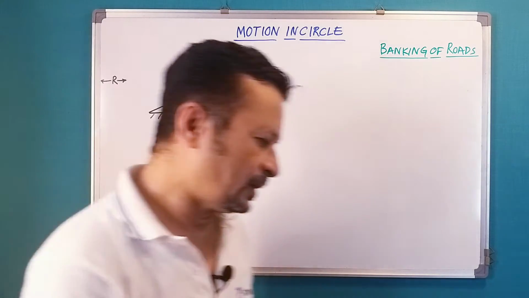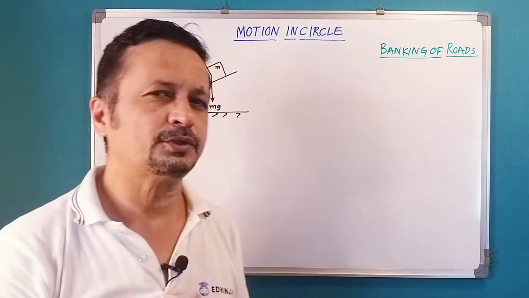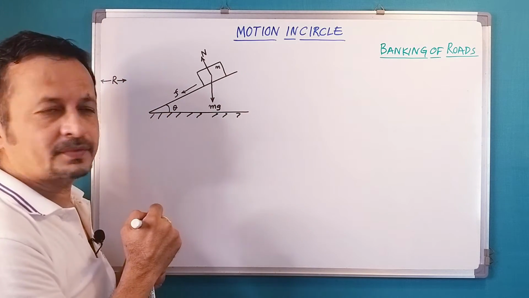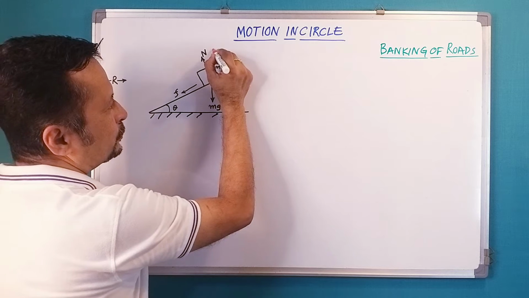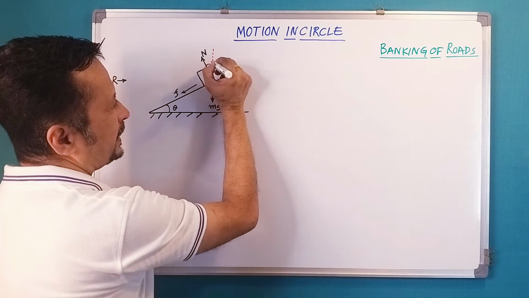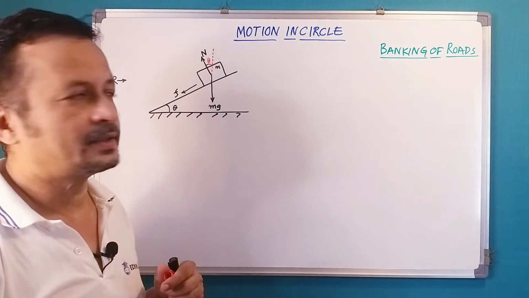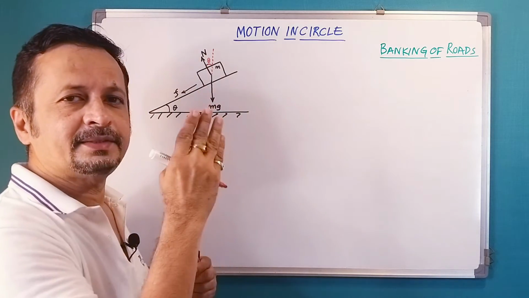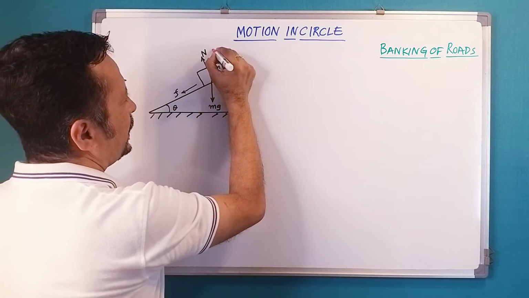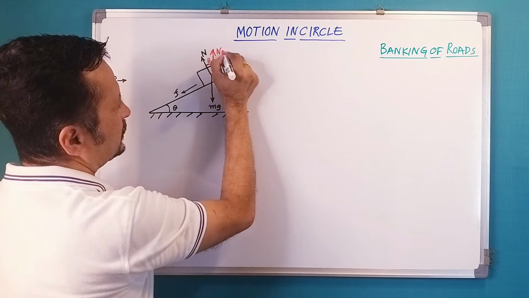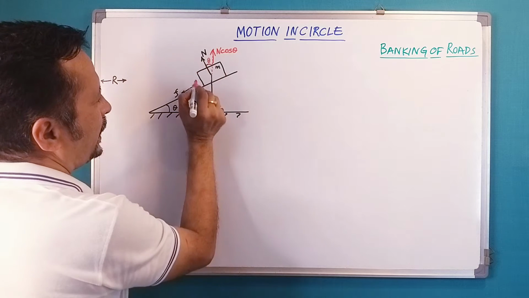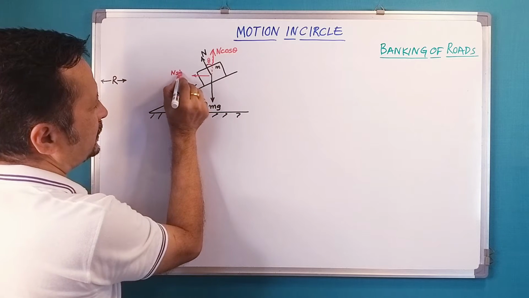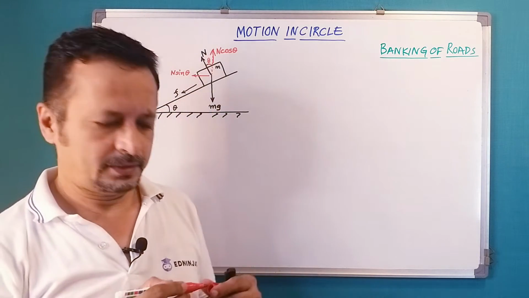Now I want to resolve these forces, and I am going to do it with a different color. See, this angle is theta. Then the angle made by the normal force with the vertical will also be theta, correct? I am going to resolve this normal force along the y-axis and along the x-axis. So I have this as N cos theta, and the horizontal component of the normal force would be N sin theta, correct?